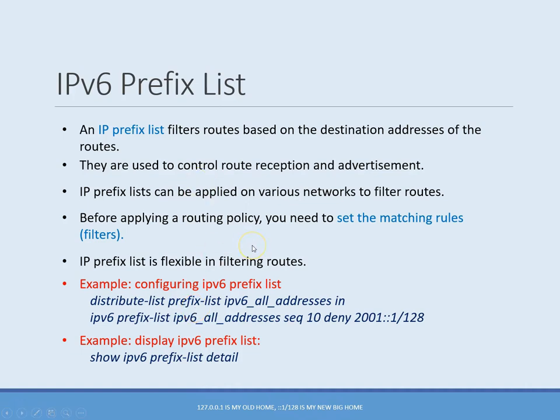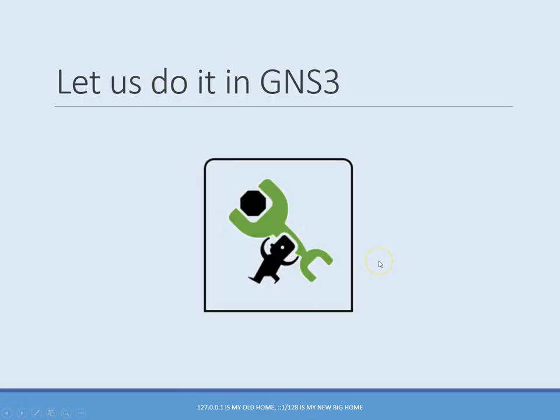So in summary, the IPv6 prefix list can be used to filter routes advertised among the routers inside a network running an IPv6 protocol. Now let us do it. Let us perform the configuration process in the GNS program.